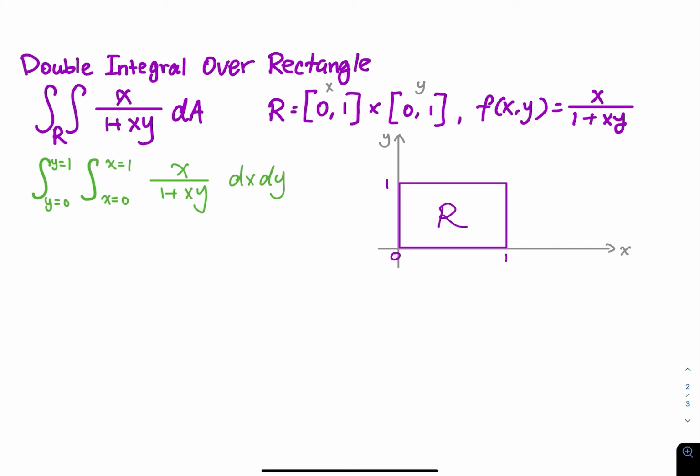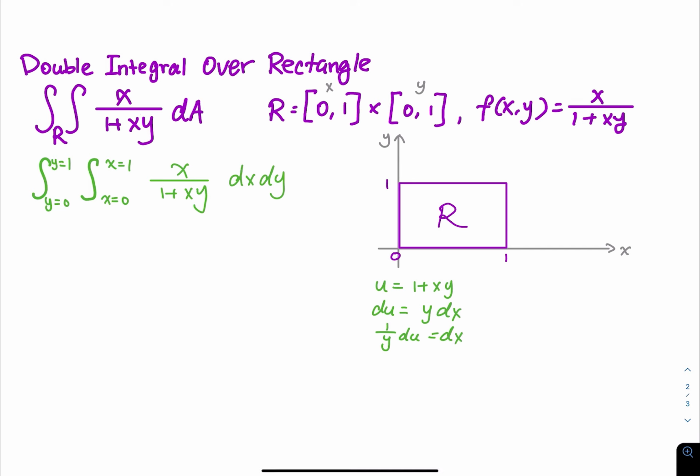I'm going to try a u substitution. Let u equal the denominator, 1 plus xy. Then du with respect to x is just y, so du equals y dx, and 1 divided by y du equals dx.